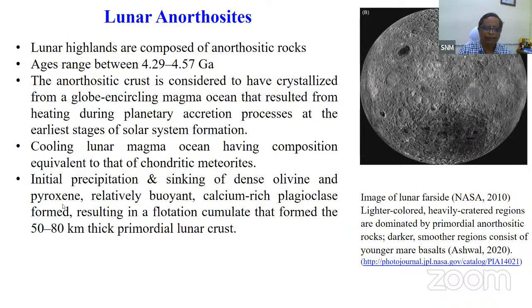Researchers say that, just like our crust, the lunar crust comprises anorthosites. They crystallized very early, from 4.29 to 4.57 gigaannum, from a magma ocean entirely encircling the moon.